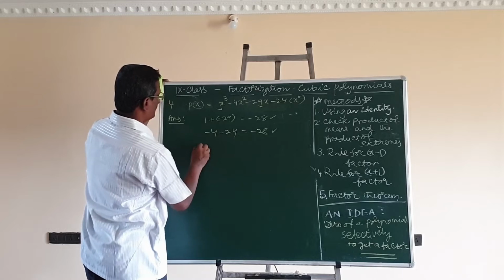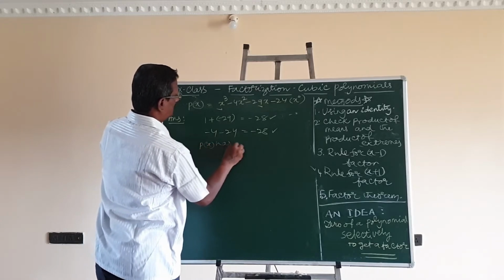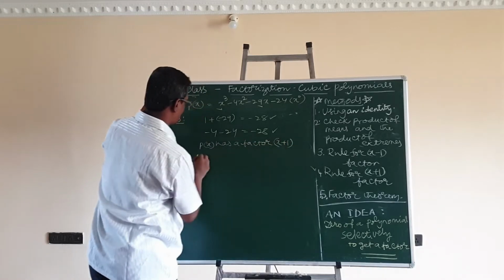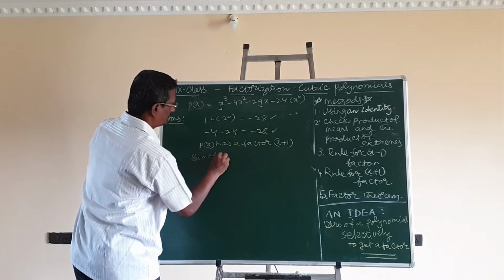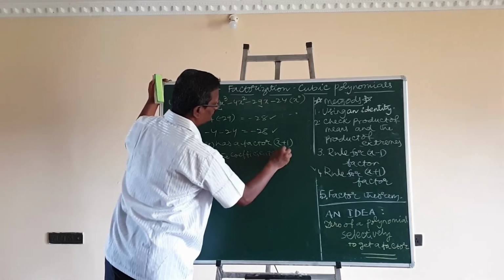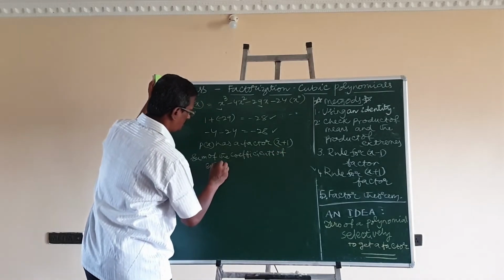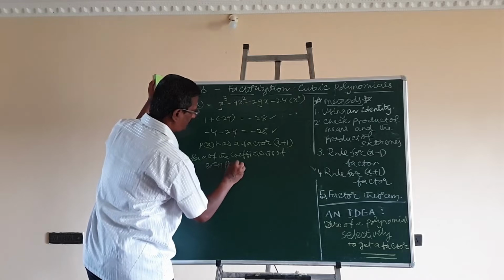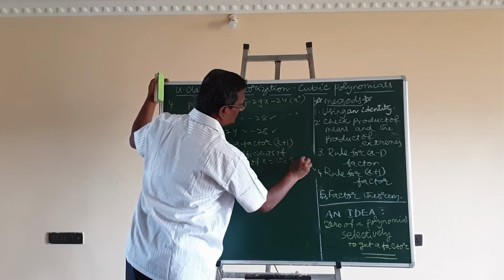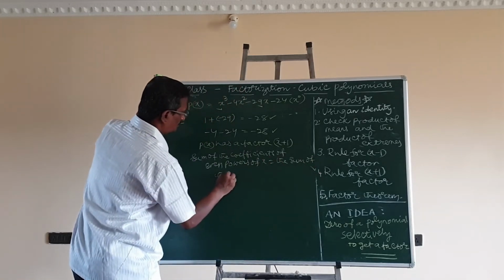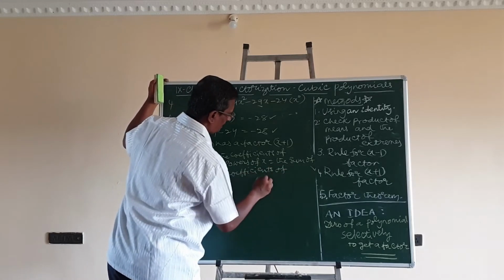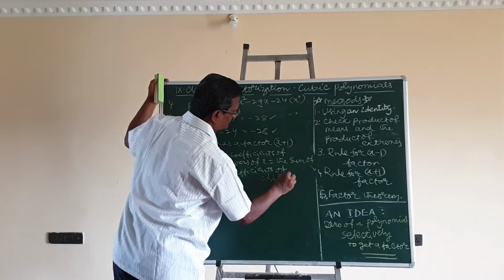Means here p of x has a factor x plus 1 if the sum of the coefficients of even powers of x is equal to the sum of the coefficients of odd powers of x.